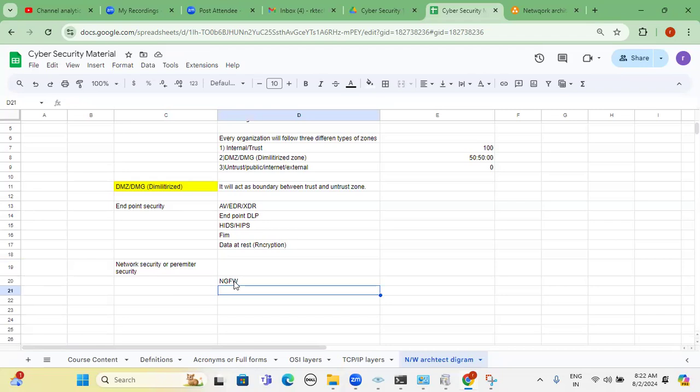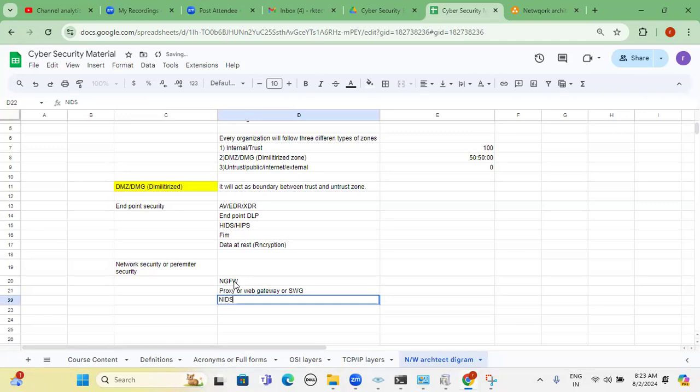The current generation of antivirus, we call it next generation antivirus, that is nothing but EDR. The current generation of SIEM tools, we call it next generation SIEM tool. It has advanced capability. And next one is a proxy or web gateway. This is also called SWG, secure web gateway.